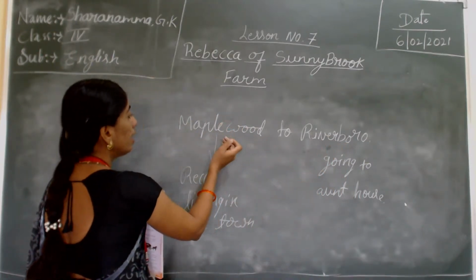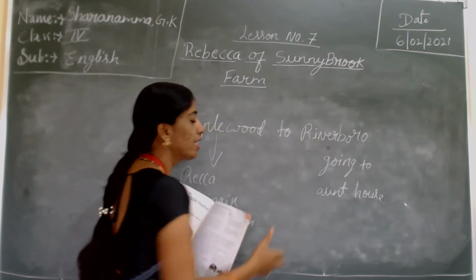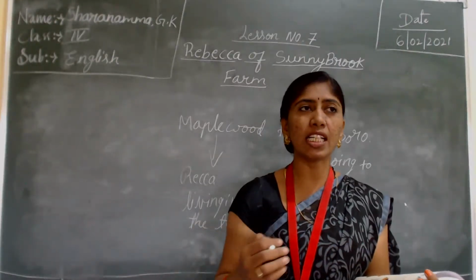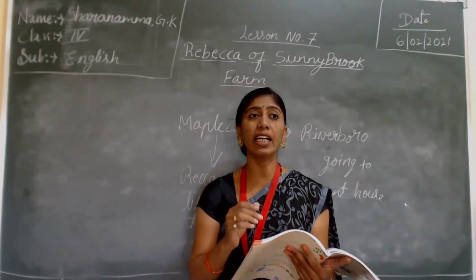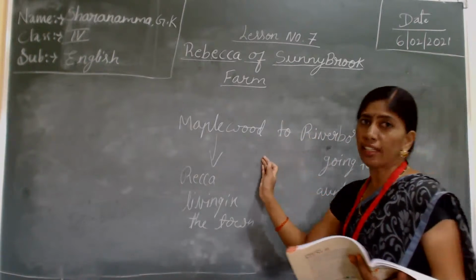The story is about the journey from Maplewood to River Borough. What we are going to read now is what happens between Maplewood and River Borough on the journey.